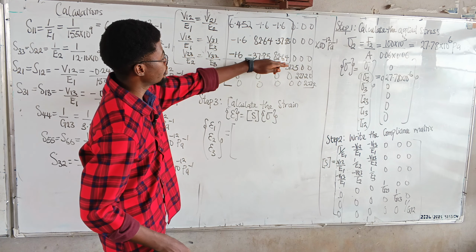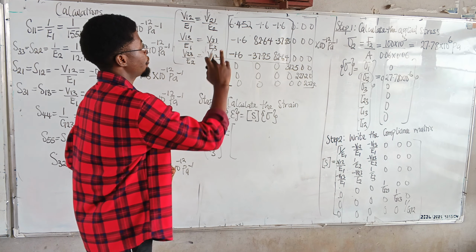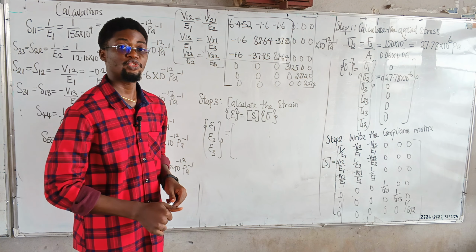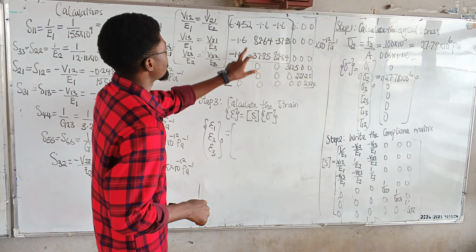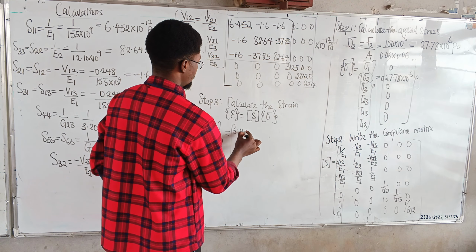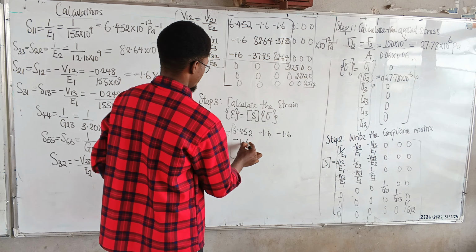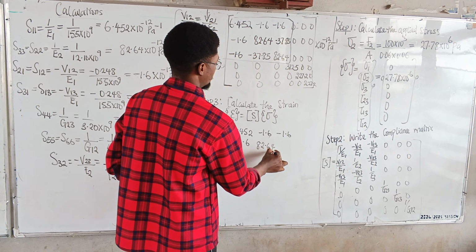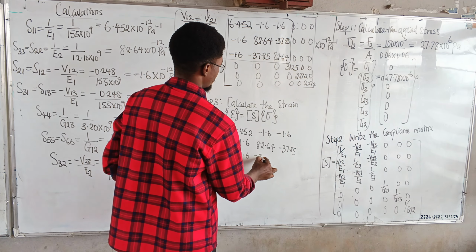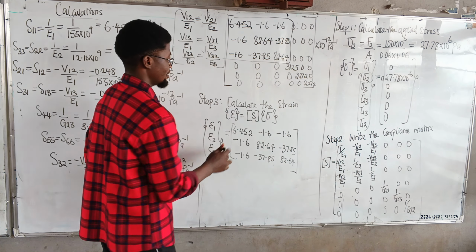So we just have these first 3 rows, because we are only picking our normal strain. So for the S, I'm only going to pick these ones. That is 6.452, minus 1.6, minus 1.6; minus 1.6, 82.64, minus 37.85; minus 1.6, minus 37.85, 82.64. So this is for my S.